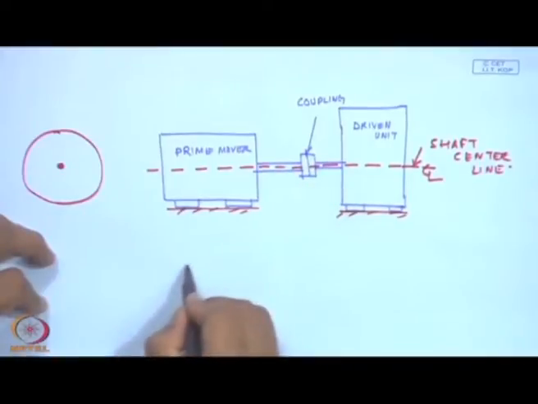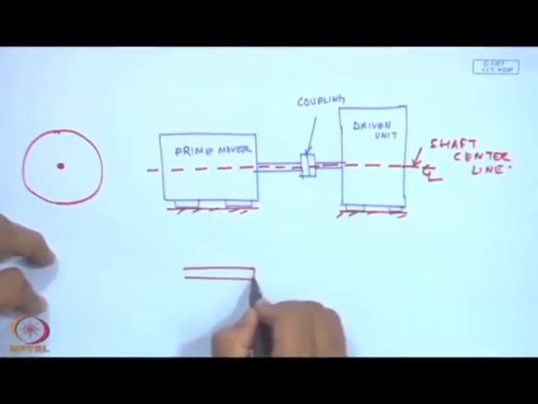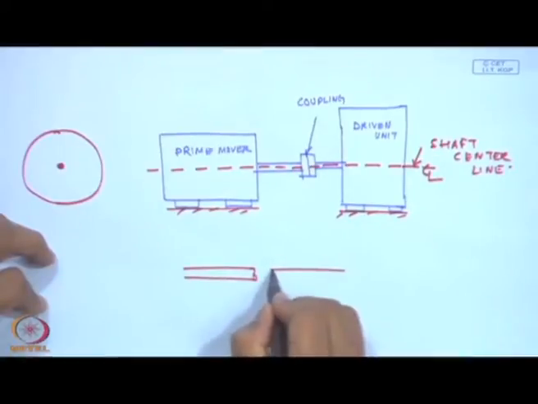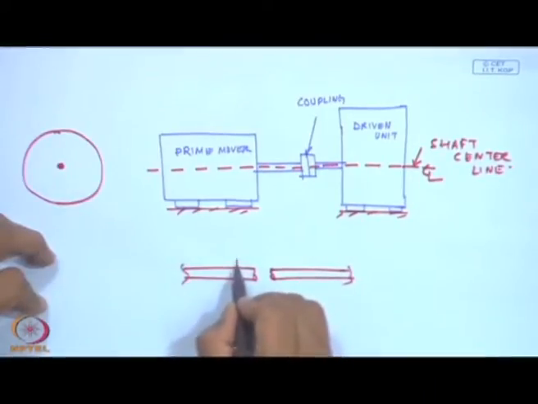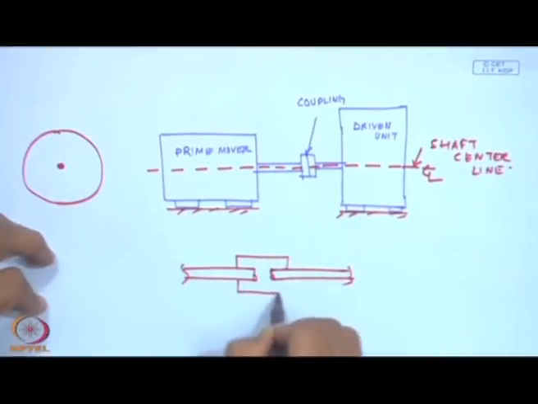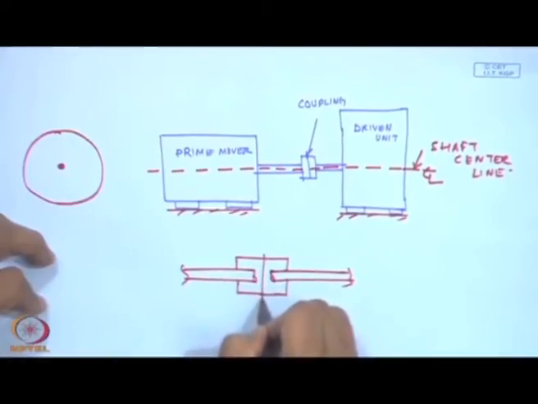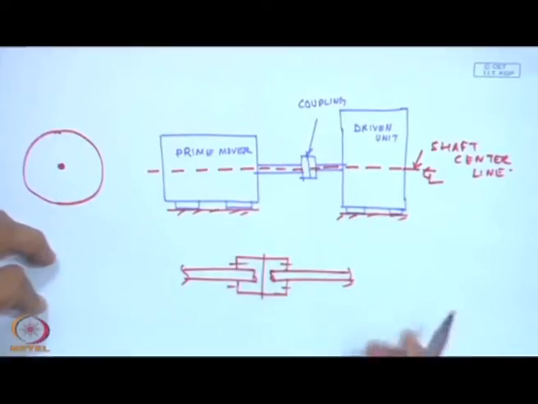This coupling basically brings the two shafts together. I have exaggerated it here, but the two shafts are brought together by the coupling, the parts of the coupling are bolted, and then the shafts are held together.